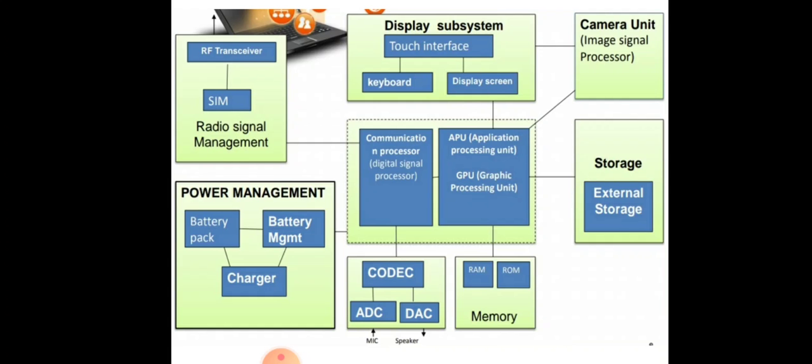Then we have a DAC, digital to analog converter, which converts digital signal into analog audio signal. ADC, analog to digital converter, converts analog audio signal received from the person who is making the call into digital form so that the mobile processor can work on it.